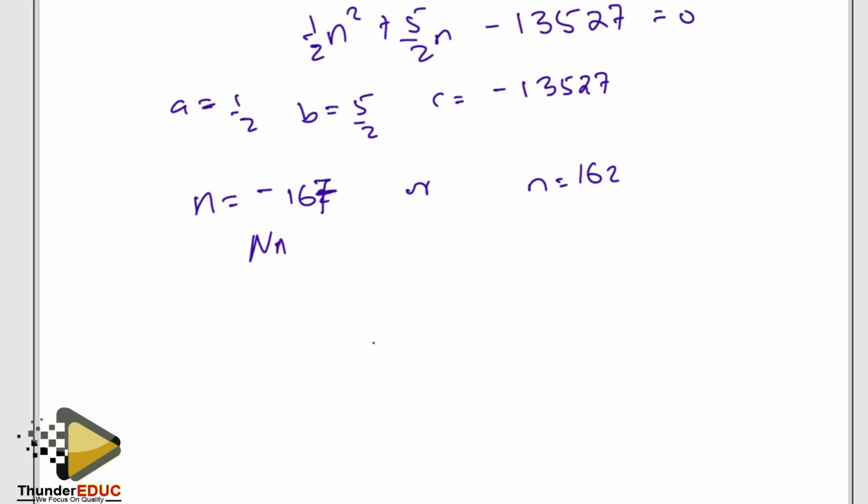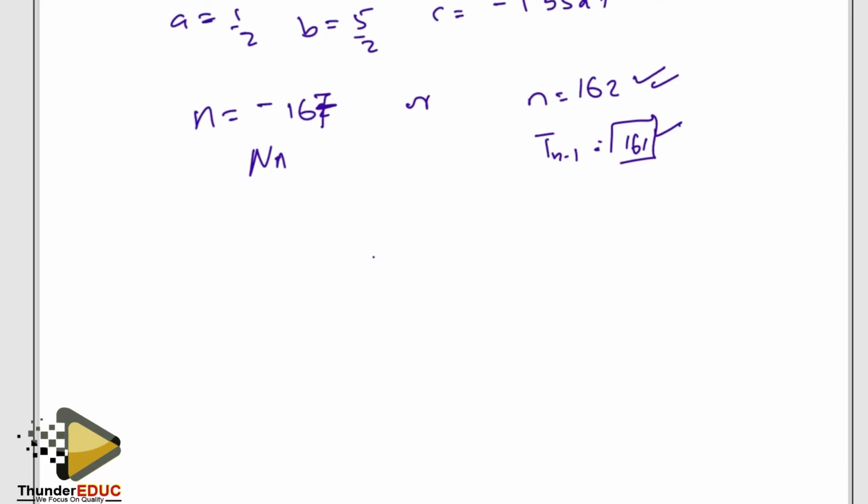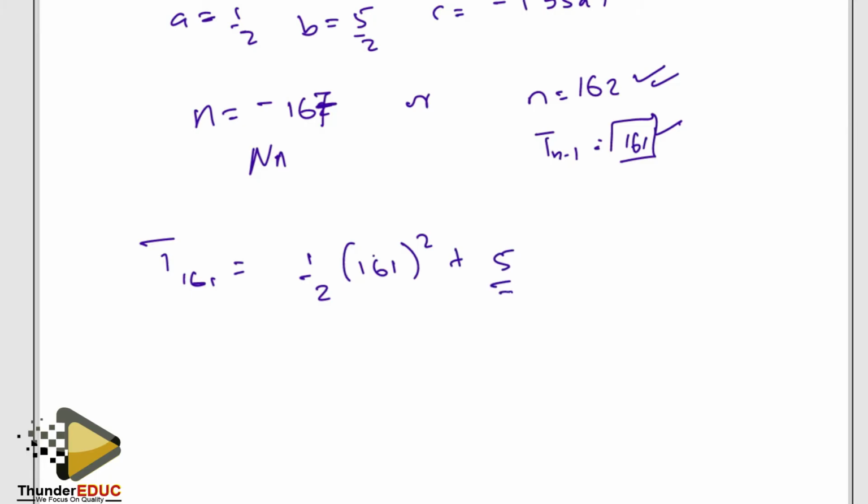Now, if we have 162 as our position, the number that they are talking about here will be 161. In other words, the position will be 161 for the Tn minus 1. If that's the case, just get this 161, substitute it into the Tn, get the value and do the subtraction. So 161 is going to be a half times 161 squared plus 5 over 2 into 161.